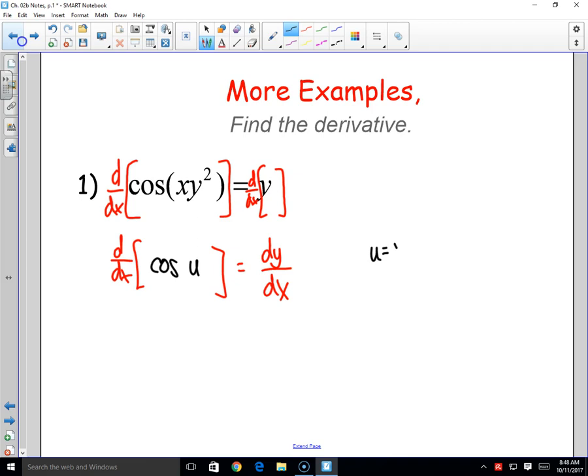Some of you can do this all at once. Some of you, it's going to be a little bit harder. If u is x times y squared, Sarah, what rule are we going to use? Yeah. Does that make sense? Yeah. Good. So we can use first and second. Now, there were others of you that made that mistake in the last one. Did you see the product rule?